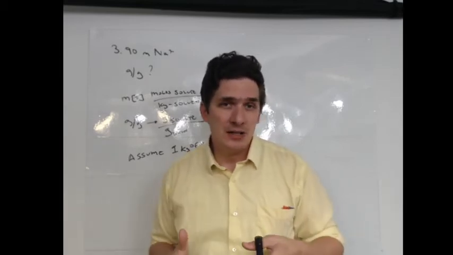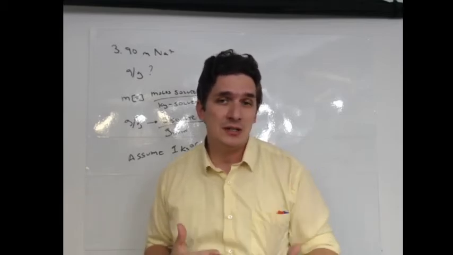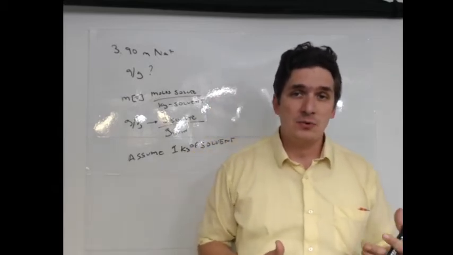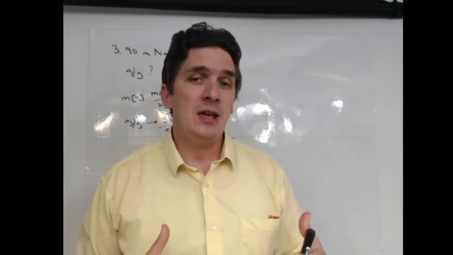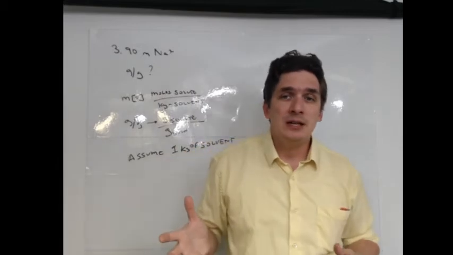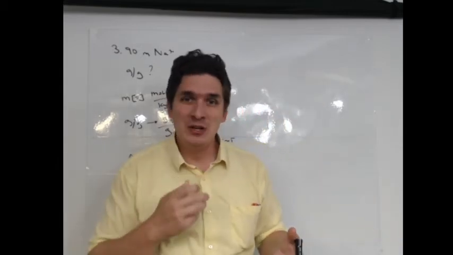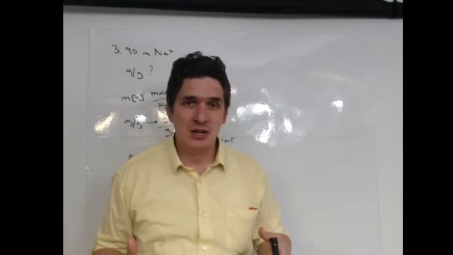If you're given molarity, the units there are moles per liter of solution, so you're going to assume 1 liter of solution. If you're given weight fraction, that's grams of solute per grams of solution, so you would assume 1 gram of solution. The assumption you make is based on the starting concentration you're given. Now, the game we're going to play here is that concentration does not depend on how much you have. So if we assume we have one of whatever's in the denominator, that's not going to change the concentration.